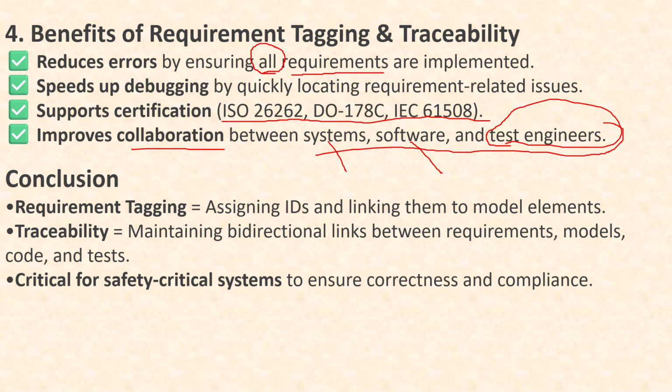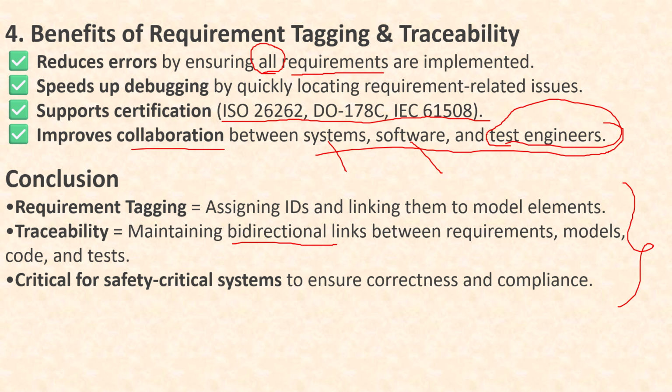Okay, now let's conclude this by giving a small summary. First is requirement tagging: assigning IDs and linking them to the model elements. Next is traceability: maintaining bidirectional links. This word bidirectional is extremely important. Anybody who gets into a career in system engineering for ADAS, or for any vertical for that matter, but because we are discussing ADAS, let's say ADAS for now, maintaining bidirectional links between requirements, model, code and tests is of paramount importance.